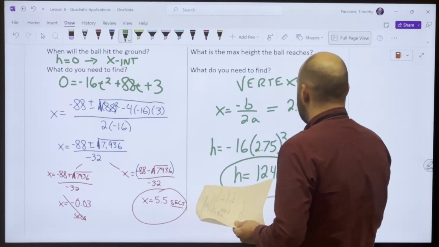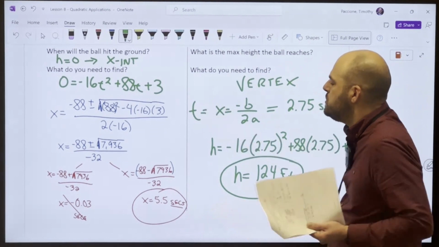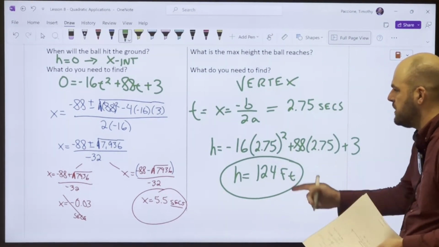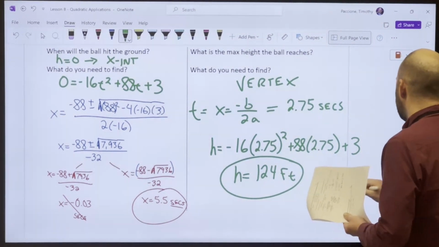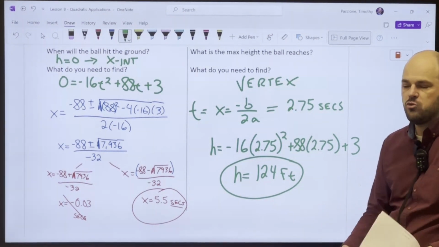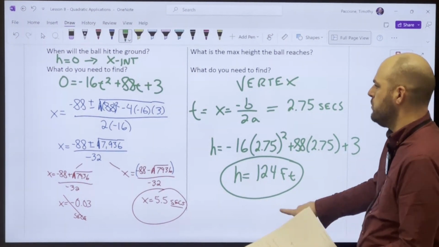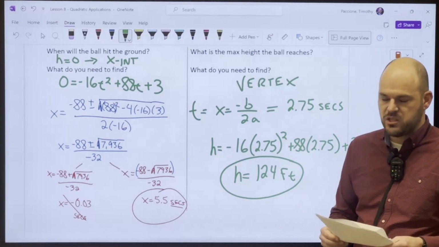So that is your max height. This is just your time, right? We use x because we're used to it in both cases, but it's your time. And then you plug it back in to find your height. That's your vertex, right? On your homework, it's going to ask you to draw a picture. It's very helpful. Draw the picture of what's happening, right? Label it.